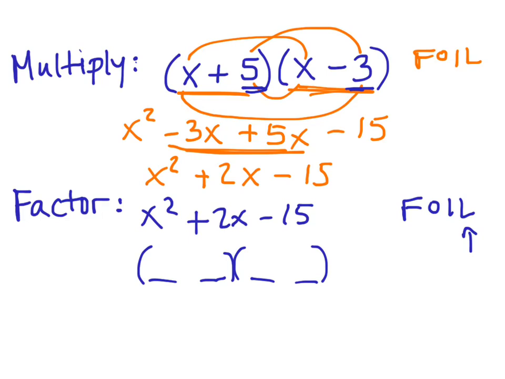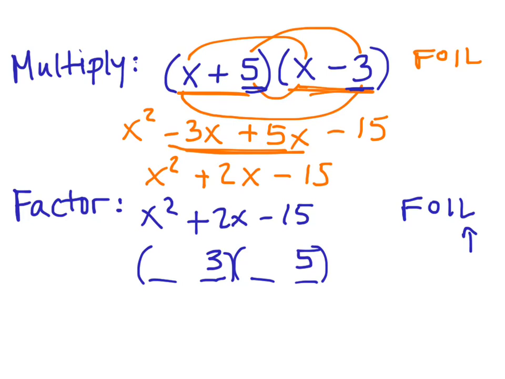And I do have a couple options. It could be 15 and 1, it could be 3 and 5, and then it could be 1 negative and 1 positive, but I don't know which is which. So right now I'll just take a guess, and I'll try 3 and 5, and I'll see if that works.